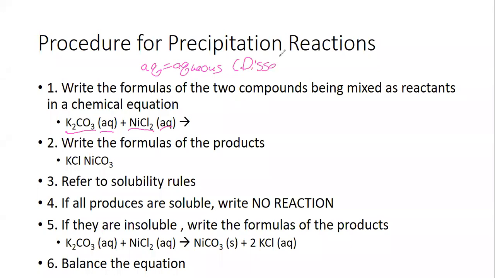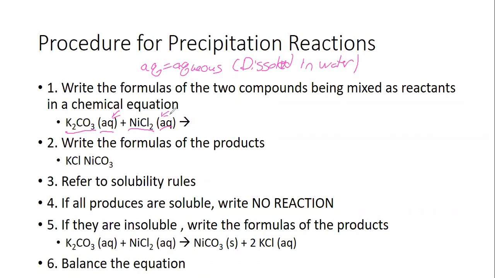Aqueous simply means dissolved in water. So if you're dissolved in water, and I don't know how to spell dissolved, obviously, if you're dissolved in water, you are called aqueous in chemistry. So that's what these mean.